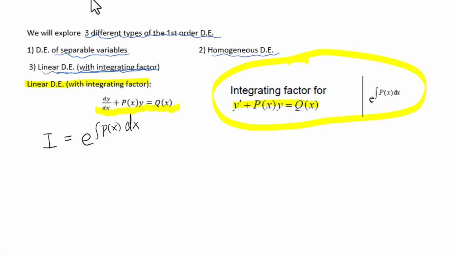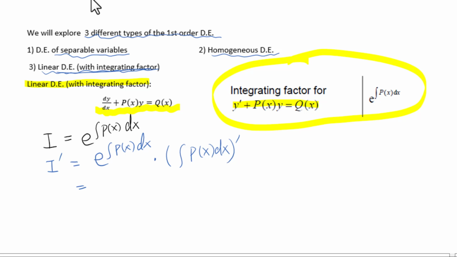Let's take the derivative of both sides. I prime equals e to the integral p of x dx, prime. According to the chain rule, we will do the integral p of x dx, prime.